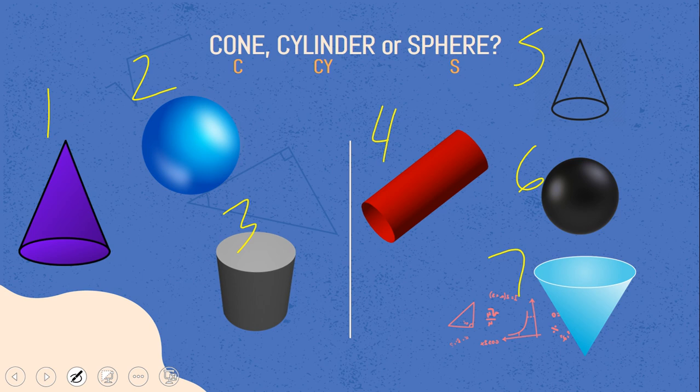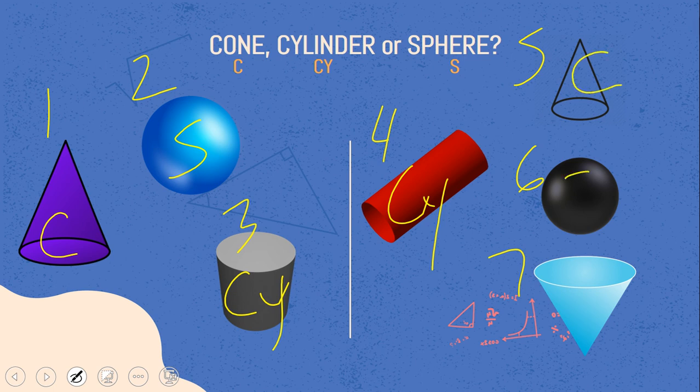So 1 is a cone. So we're going to just put C. 2 is a ball, so it's a sphere. 3 is a cylinder. 4 is a cylinder. 5, cone. 6, sphere. 7, cone. Okay? Super easy.